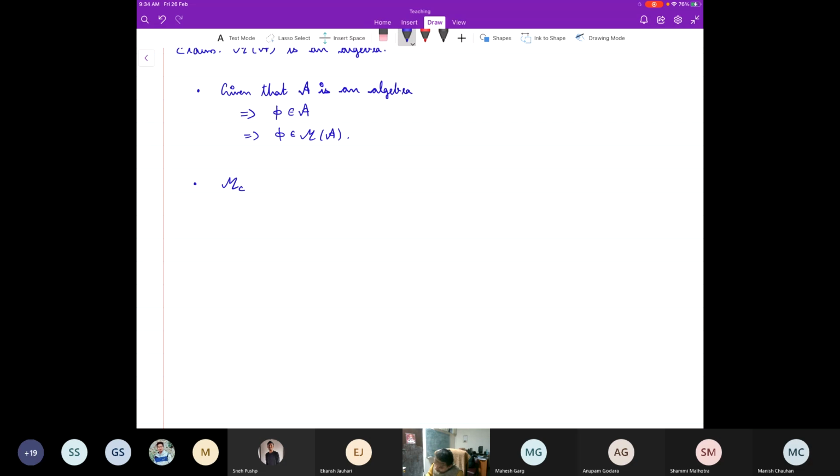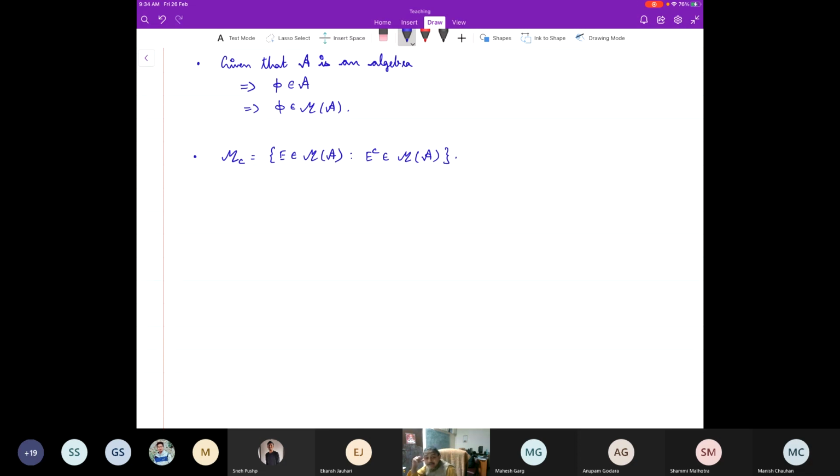I'll form MC, which is all those E in M of A such that E complement belongs to M of A. Is it non-empty? Why is it non-empty?